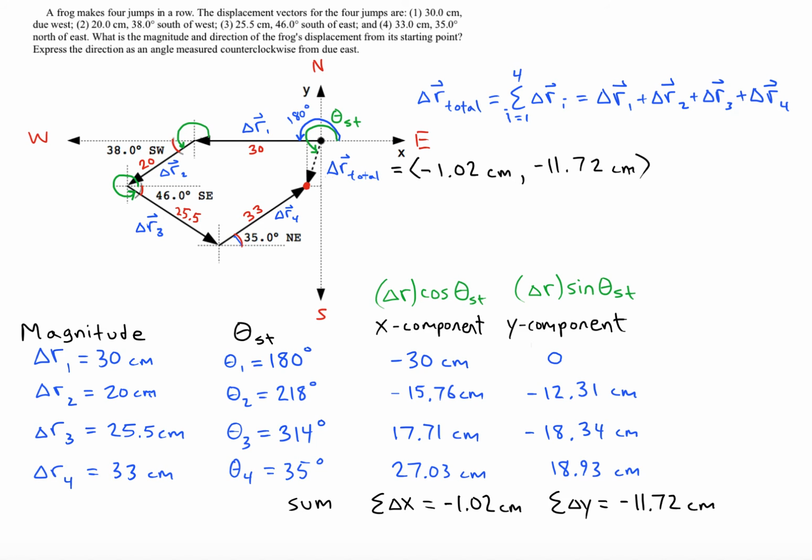Great. We're also asked for the magnitude now. To get the magnitude, we want to use the square root formula, where we take the square root of the delta x squared plus the delta y squared. Okay, this is delta R total. Now here I have a vector over its head. Here I don't. If we don't have a vector over its head, then it's assumed that this could refer to the magnitude or just the size of it.